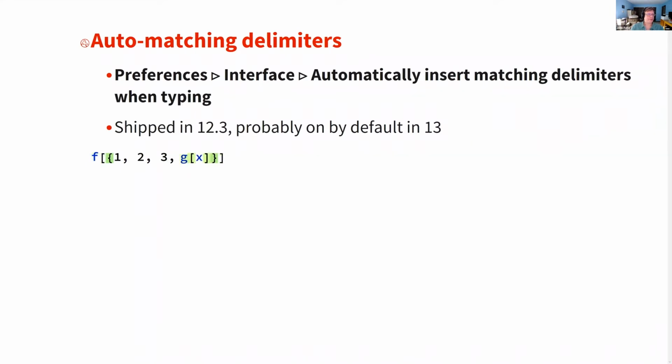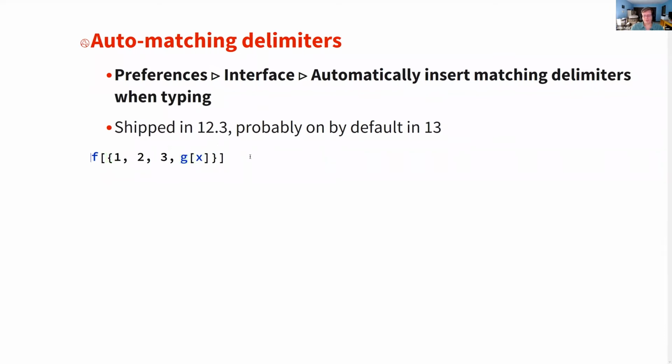So this is using a set of heuristics to figure out when is a good time to do this and when would be a frustrating time to do this. If this feature were always turned on, it would be mega frustrating.